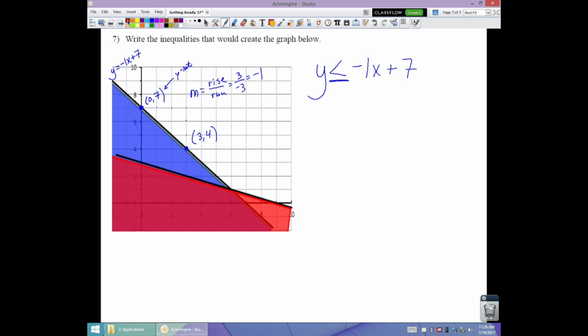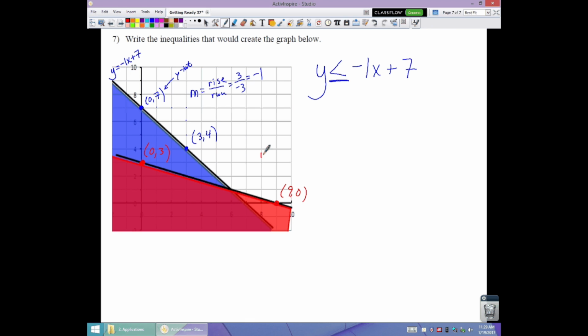All right. Let's do that one more time with the red line. The red one, I can see one point here is 9, 0. And another point I'm identifying here on the y-intercept is 0, 3.